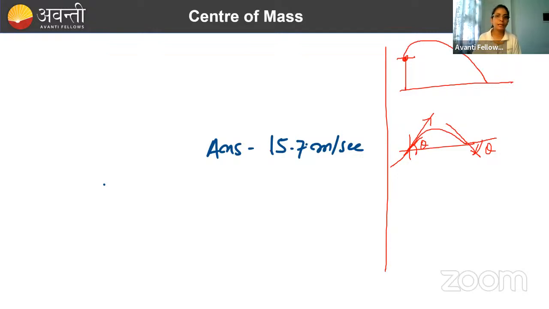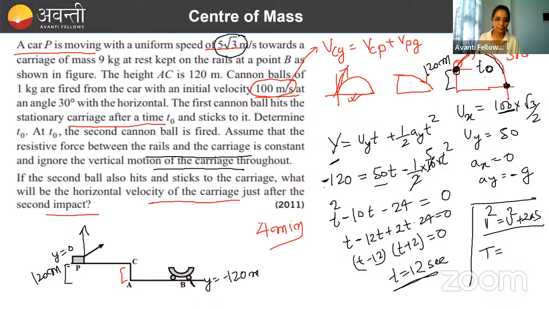Done. So like this. Again, the same thing will be true here. It is getting sent like this. So when it is going to land here on the cart, that B is here, its horizontal velocity of cannonball will be equal to the initial horizontal velocity. Then we have only to deal with the horizontal thing, because vertical motion of cart is being neglected here. So the cannonball that fell here will have horizontal velocity of how much?